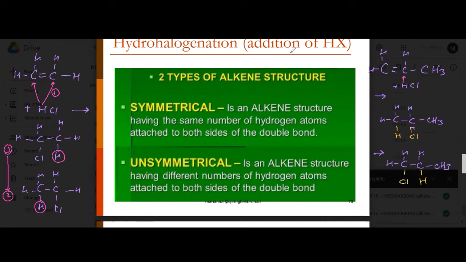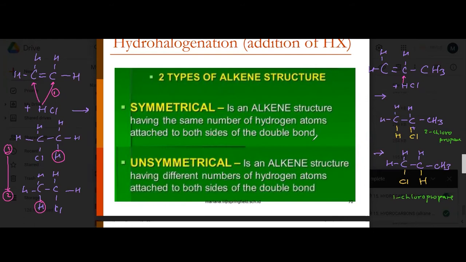Are they the same compounds or different? Let's try to give names. This is 2-chloropropane, while this is 1-chloropropane. So they differ. So addition of HCl to an unsymmetrical alkene will produce two products.